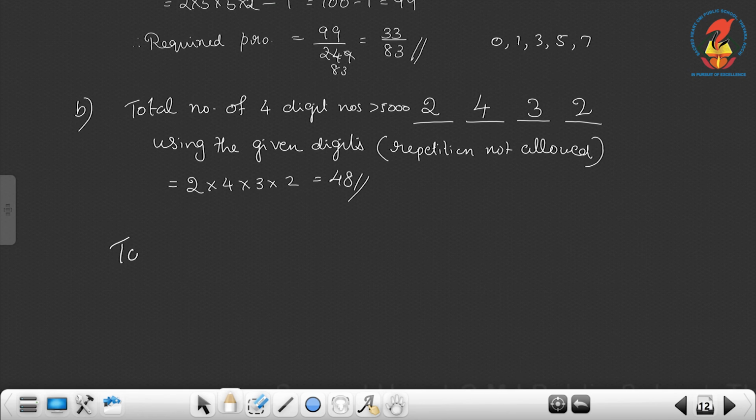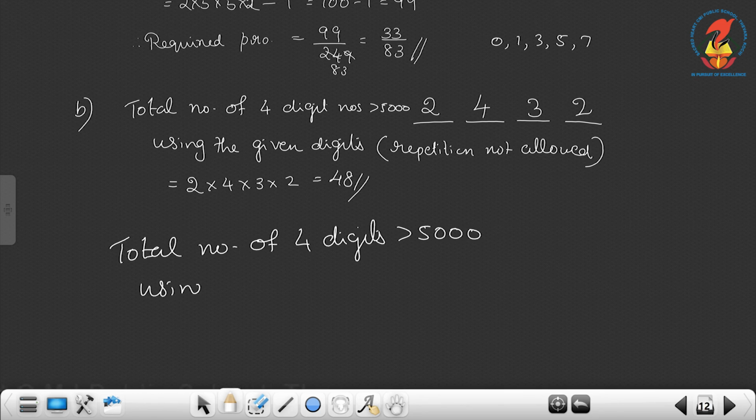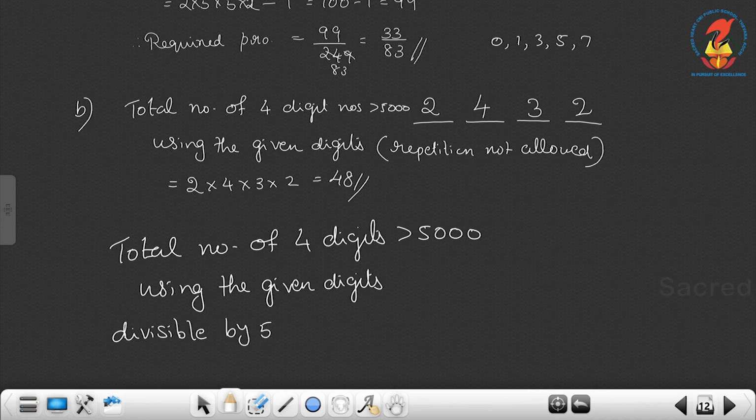Now we have to find the total number of 4-digit numbers greater than 5000 using the given digits and divisible by 5. So we can use the first place as 5.